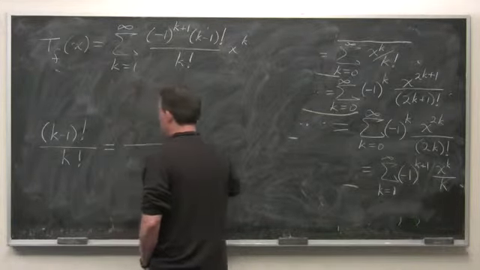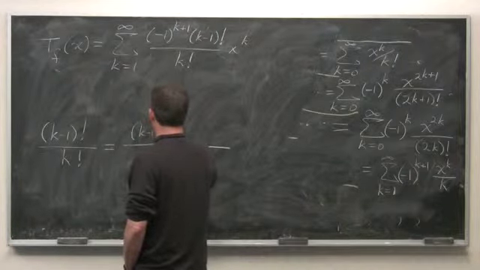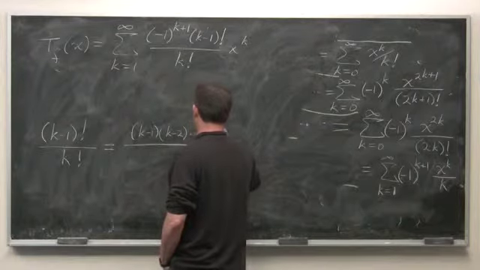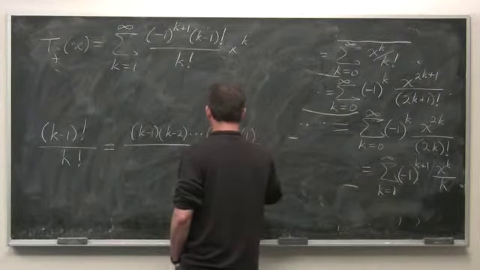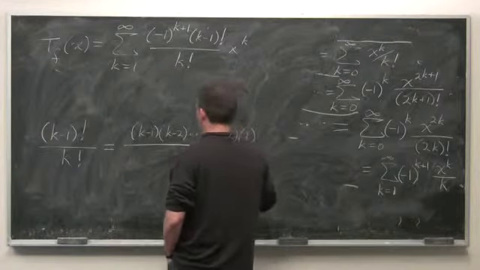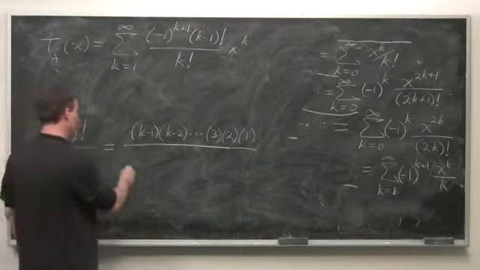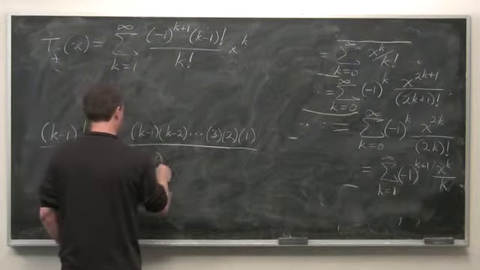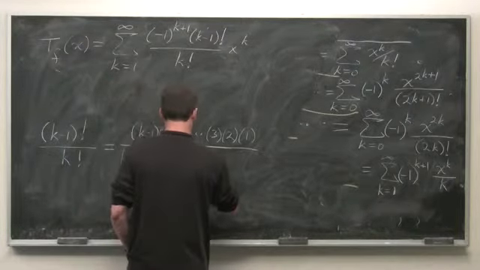(k-1) factorial means you start at k-1, and then you multiply all the numbers less than that together until you get down to 3 times 2 times 1. That's what it means. You take all the integers between 1 and k-1 and multiply them together. K factorial means a similar thing, but you start at k and then you take all the numbers less than k and multiply them together until you get down to 3 times 2 times 1.